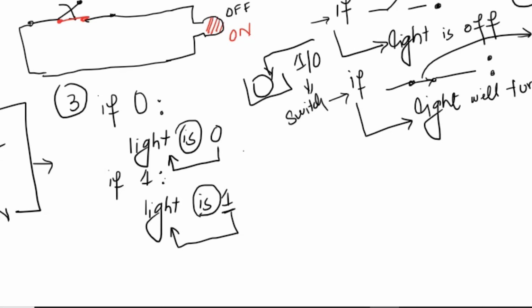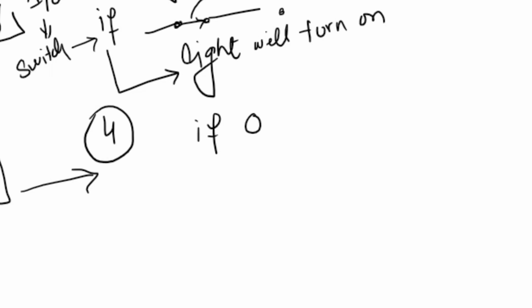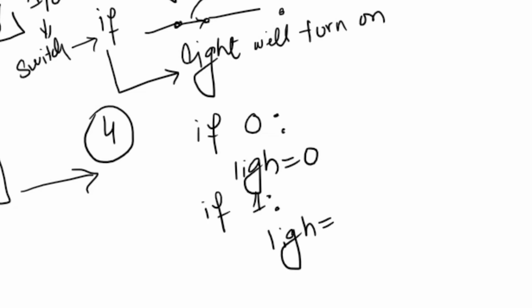Okay, so these statements can also be written in this form: if 0, light equal to 0; if 1, light equal to 1.